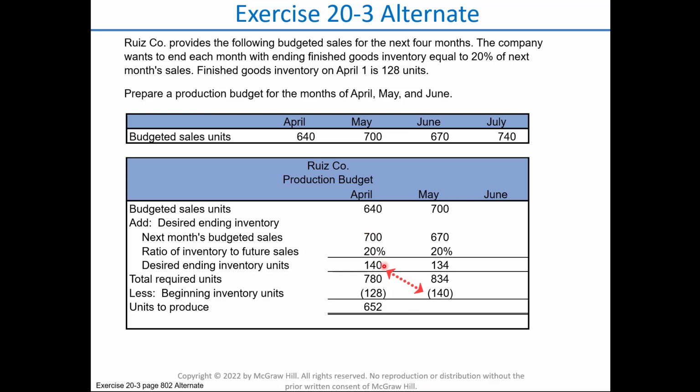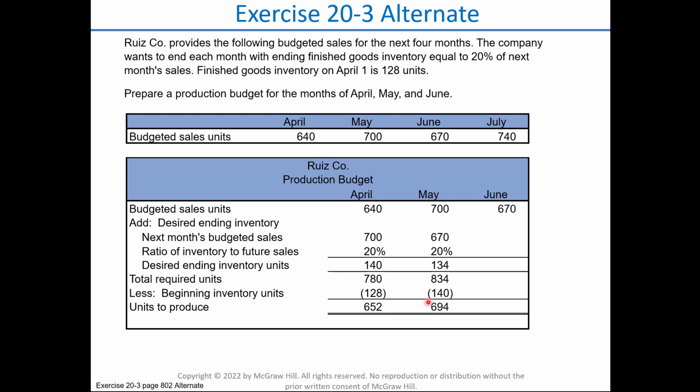So this 140 comes down here. The ending inventory from the previous month is the beginning inventory for the next month. In May, they need to produce 694 units.